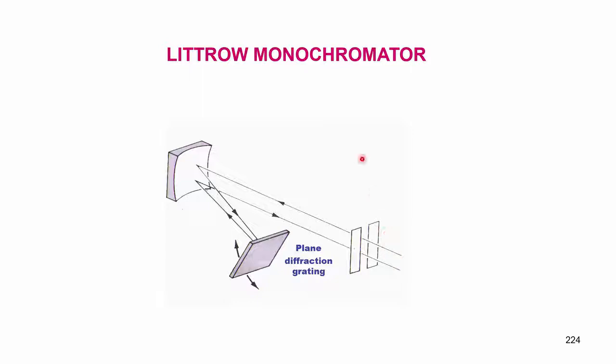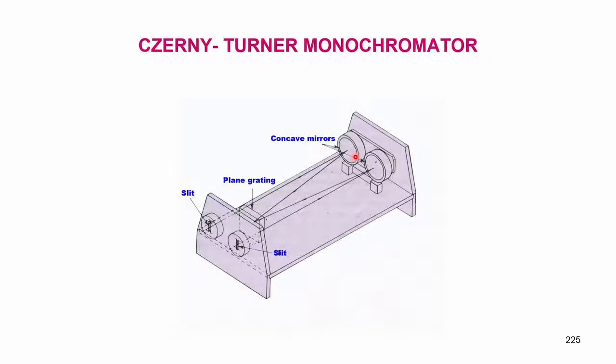So, this is the Littrow monochromator system, and in the Czerny-Turner, what I am doing is I am going to have a slit here, a plane grating is here, and it goes here to a concave mirror, comes here to the plane grating. Again after the diffraction I have it here, and this is the exit slit. So, this is the entrance slit, this is the exit slit.